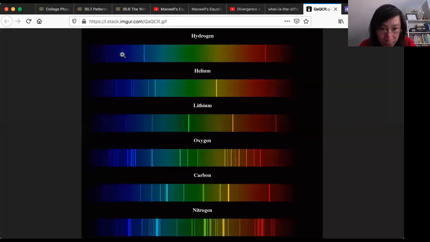right? Here, for example, is a whole bunch of hydrogen, helium, lithium, oxygen, carbon, nitrogen. Each kind of element has a different absorption and emission spectrum. These are emission spectra. So you've got this sort of warmish background, and then you have this extra high energy gas, maybe in a tube or in a container, and you can see how they shine.